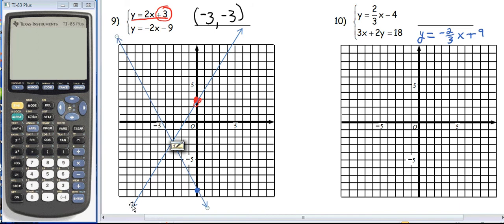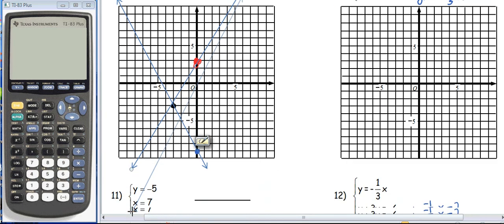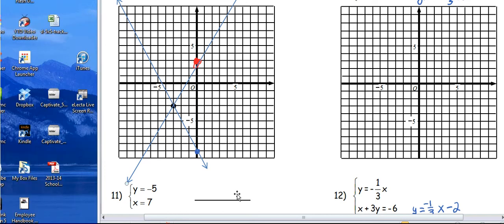Okay, I'm going to fix this one up just a little bit. It's very important that you use a good straight edge, a ruler for example, so that you can see that it crosses through those 2 points, and it'll cross exactly at that point that we found on the calculator.